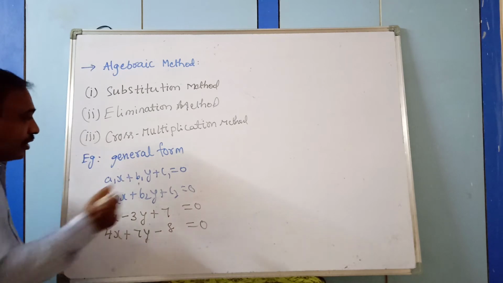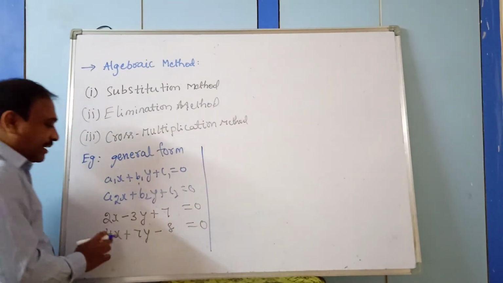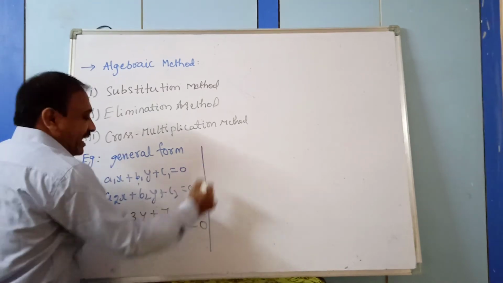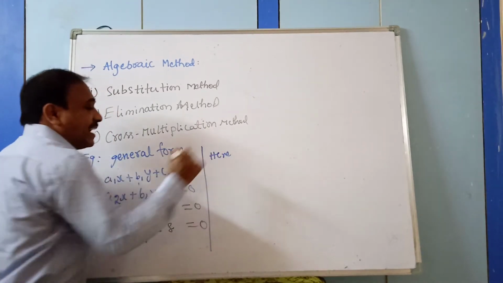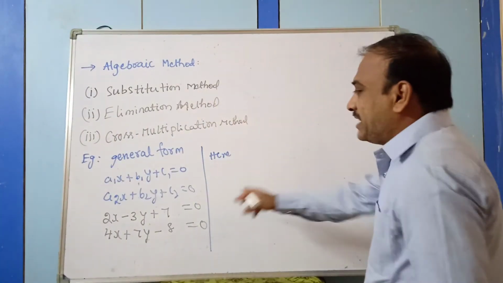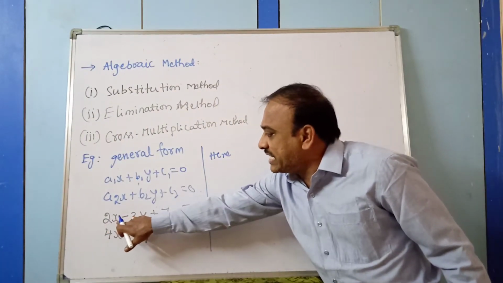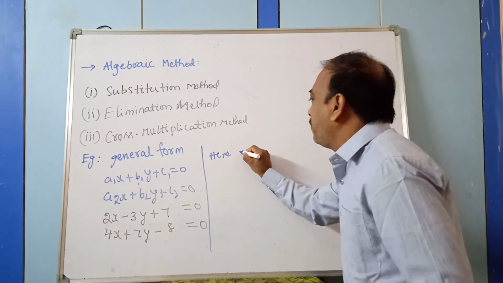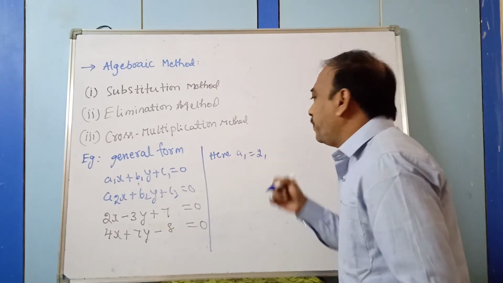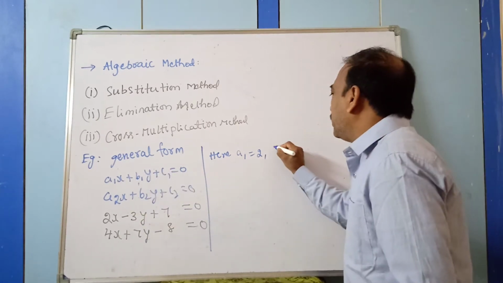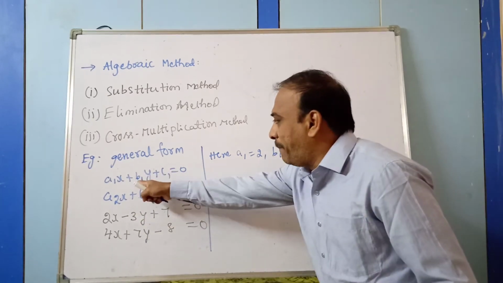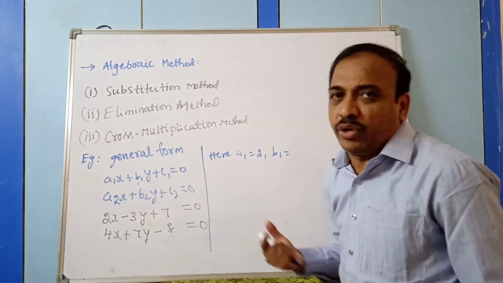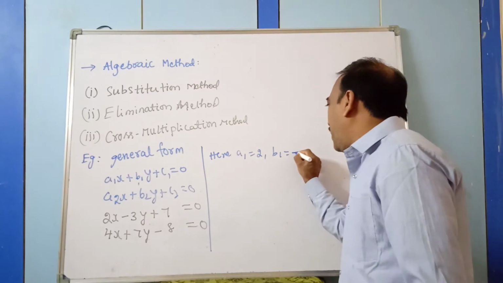Just for example, to revise how to identify, tell me by seeing this, compare the coefficients. A1x is 2x, so what is the value of A1? A1 is equal to 2. Then B1 is equal to, compare B1y, including the sign. Plus, no need, but minus, so B1 is minus 3.